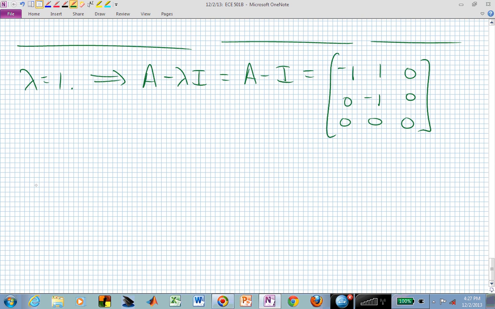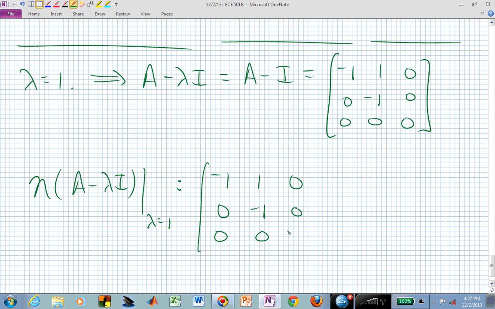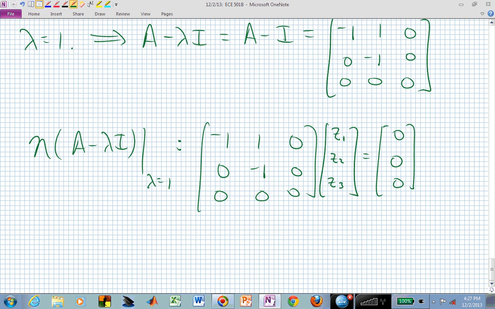Now we want to compute the null space of A minus lambda I when lambda is equal to 1. If we do that, we have minus 1, 1, 0, 0, minus 1, 0, 0, 0, 0, all times z1, z2, z3. We're trying to find combinations of those coordinates, z1 through z3, that satisfy this equation. From the first row, we see that minus z1 plus z sub 2 must be equal to 0.